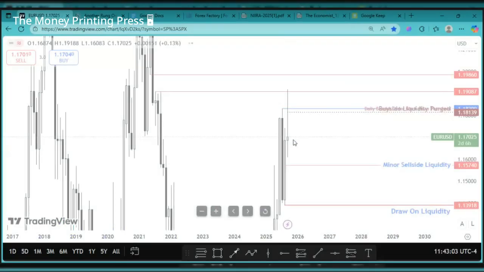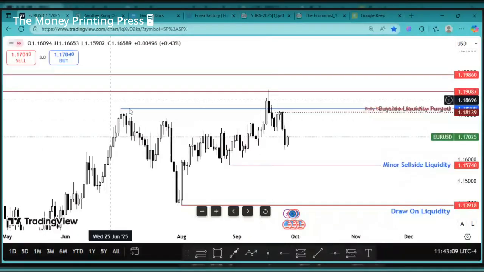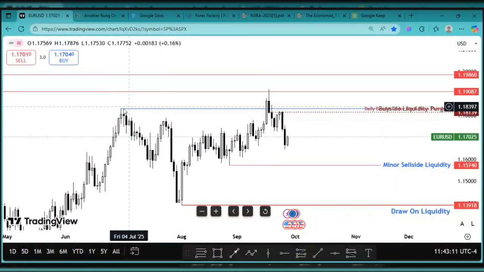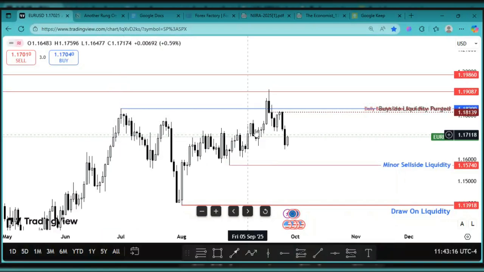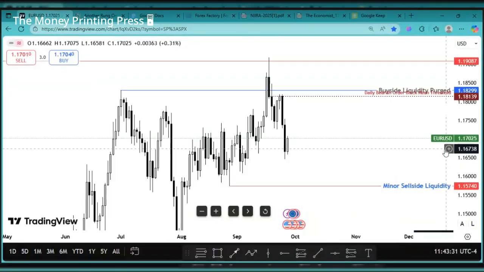Okay, on the daily, price traded high here, taking out this buy side liquidity. Everyone who placed their stop loss here, price came up, absorbed their stop losses, traded into this inefficiency, which you could clearly see from the monthly time frame, and then retraced lower. It is important you see this very thing.